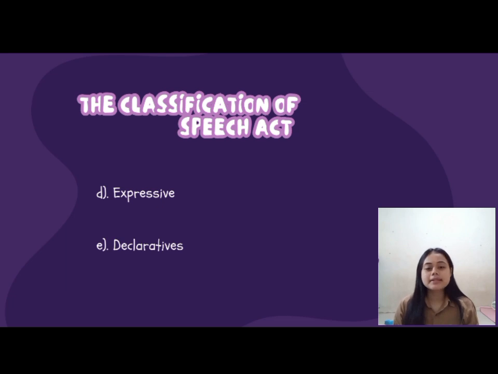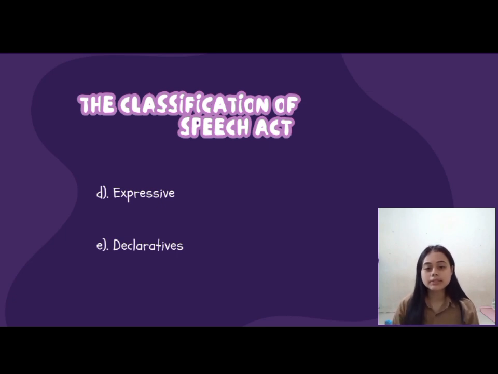The last type is declarative, which is a form of speech act in which the speaker, when delivering his speech, directly influences changes in condition or places and tends to rely on complicated language to interpret it.